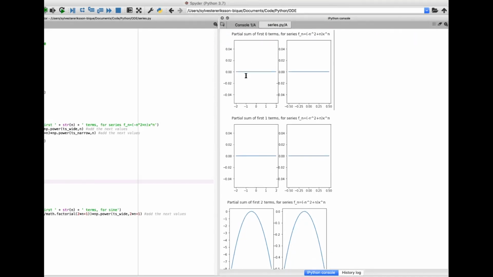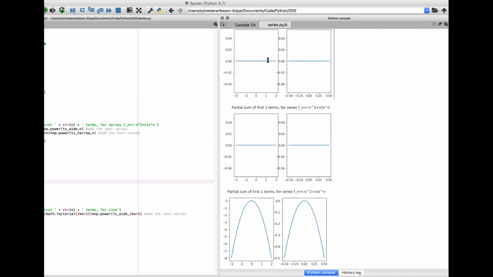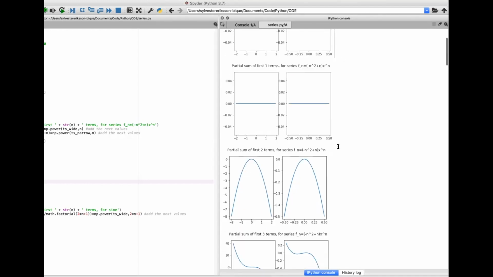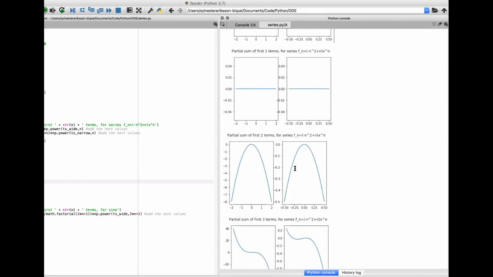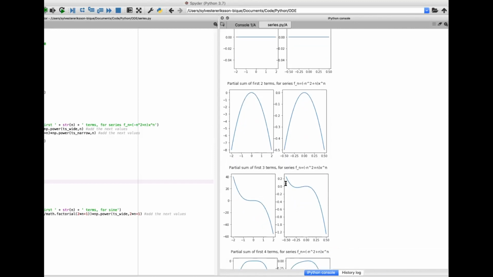But okay, here are partial sums. There's an extra picture here at the beginning. So first a constant series, then I'm adding the linear term, which gives me 0 because of the minus. This is adding the quadratic term. This is adding the cubic term.